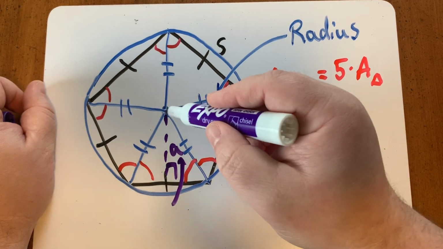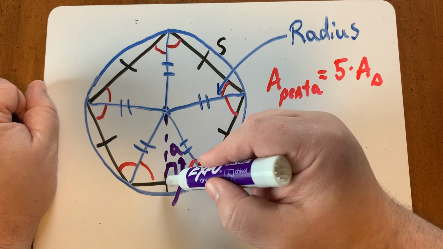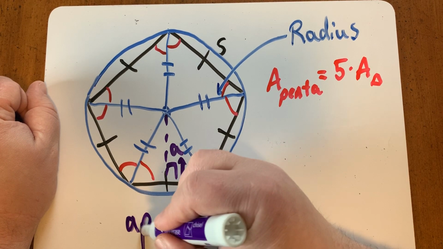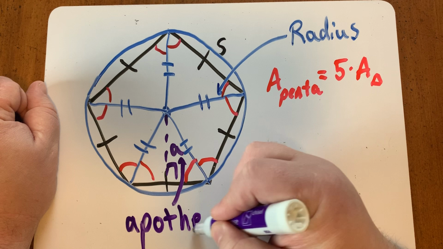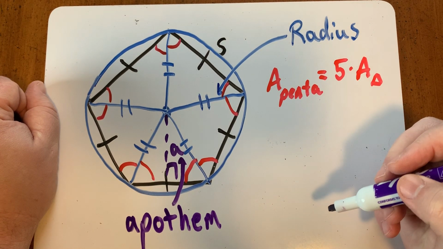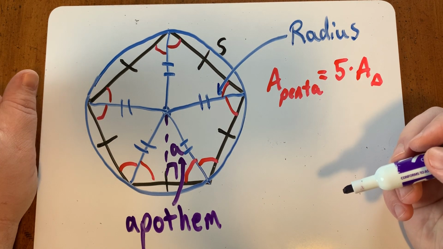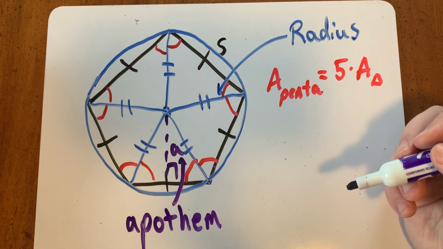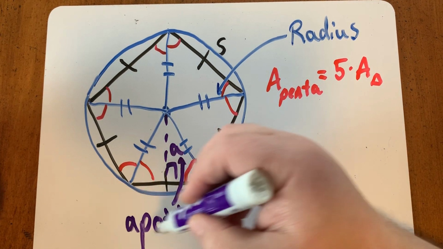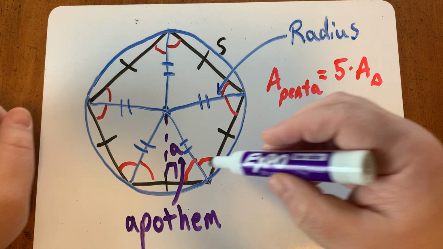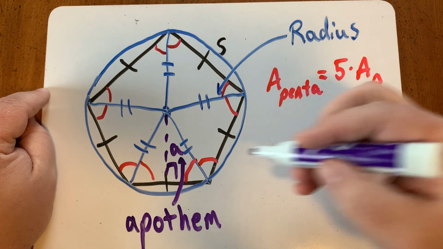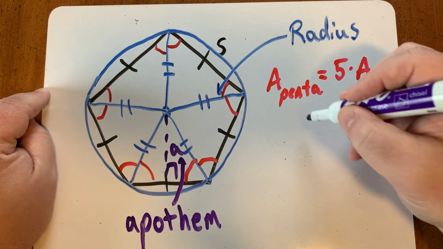The distance from the center to the midpoint of a side of a regular polygon is called the apothem. So it's called the apothem. This is the apothem. That's the height of this triangle.